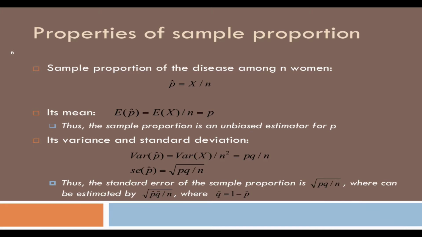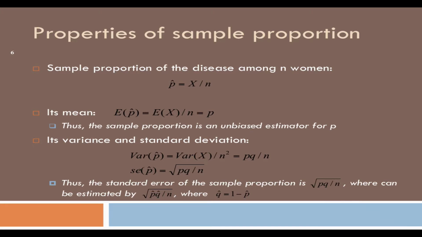Remember, x follows a binomial distribution with n and p, so the expectation of x is n times p. So n times p over n is p. So the expectation of p hat is p. What does that tell you? That tells you that p hat is an unbiased estimator for p.